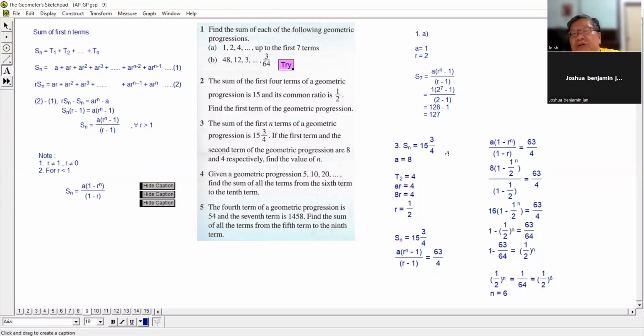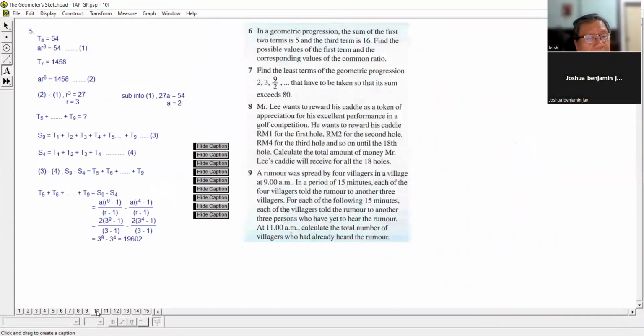With these two equations, you can solve for the values of A and R. Knowing the values of A and R, you can find the sum from the 5th term to the 9th term. How to do it? I'll show you how to do it.